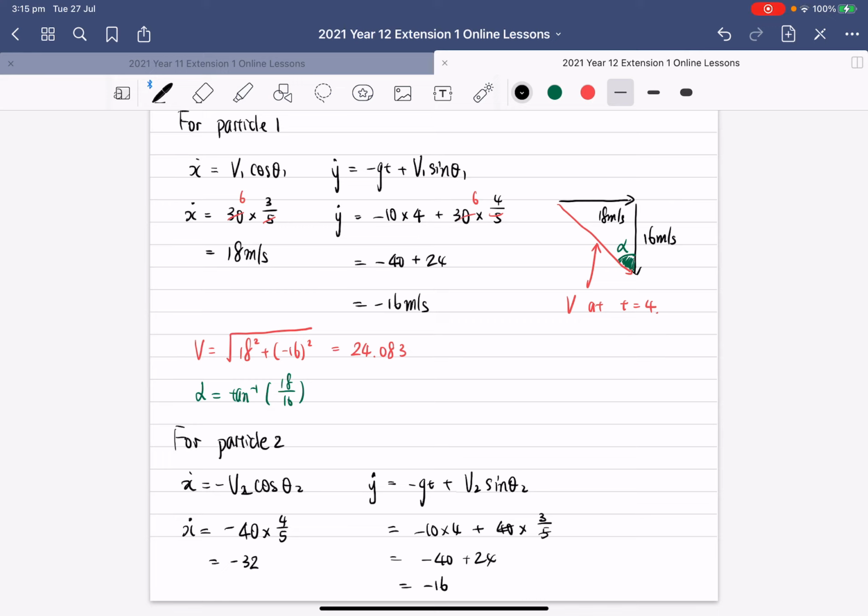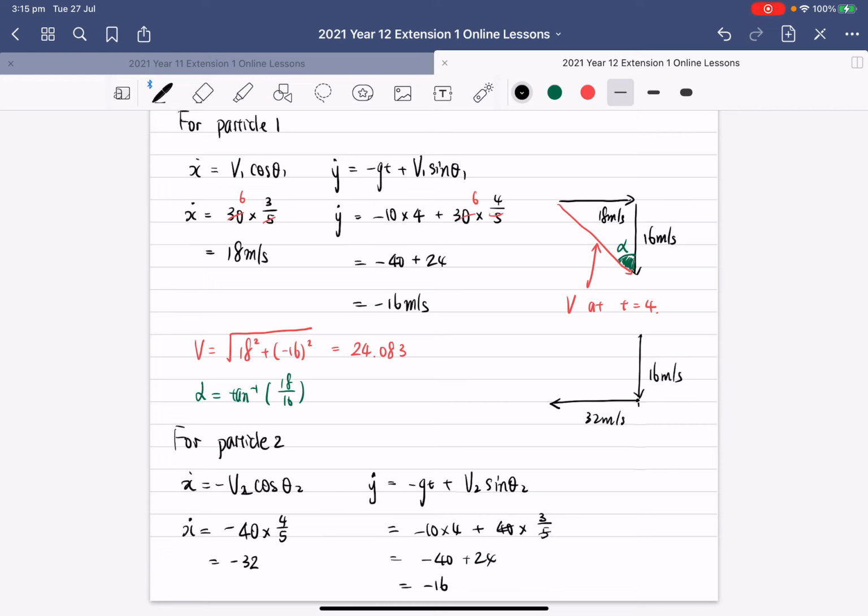So in that case, we can now draw the diagram and we should be able to figure out the answer quite easily again. So the particle is going this way, horizontally is 32 meters per second, all right? And then the particle is going down like that, going down like this, and that's 16 meters per second.